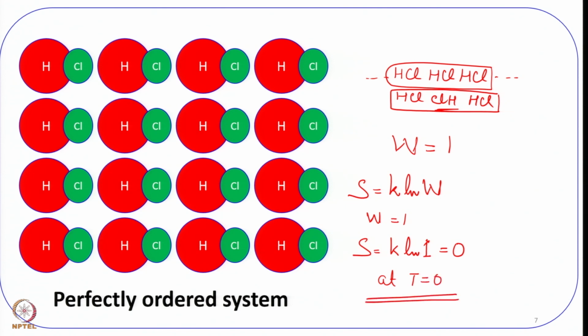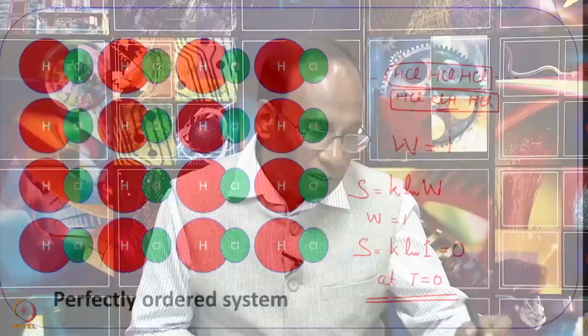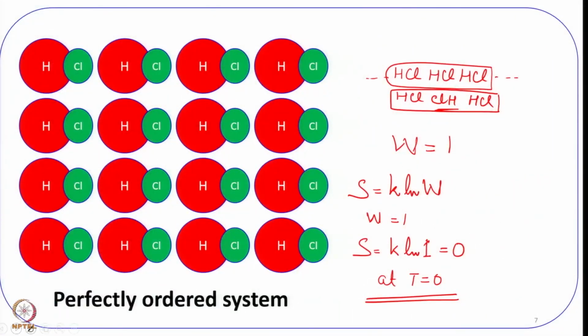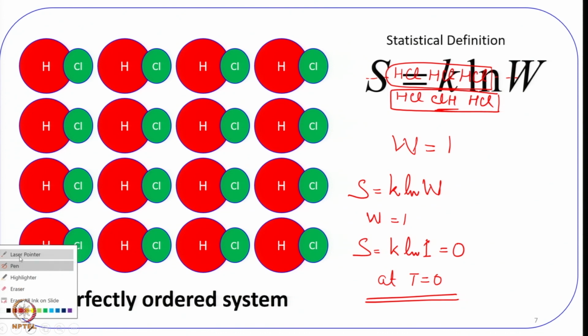Now we come back to our original definition of the third law of thermodynamics. It said that entropy of each substance is positive, which may become zero at absolute zero, and it does become zero at absolute zero for perfectly crystalline substances. And here is the example of perfectly crystalline substances.